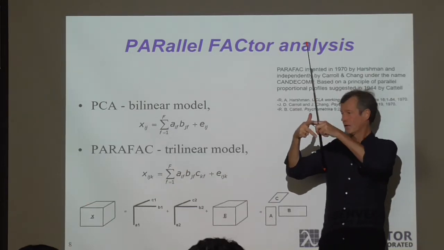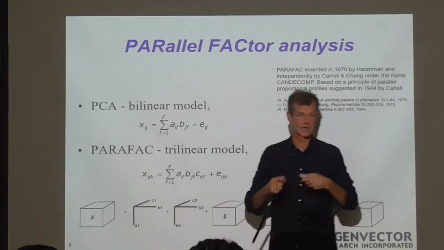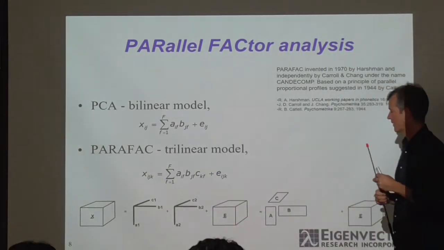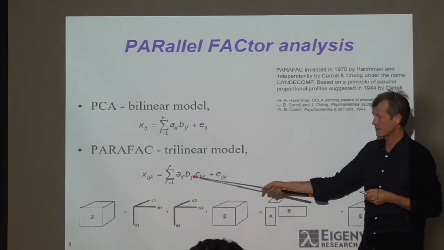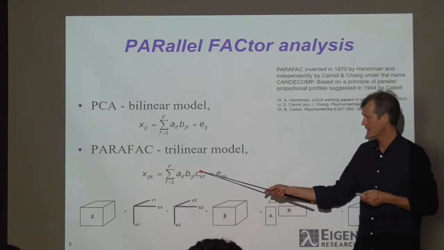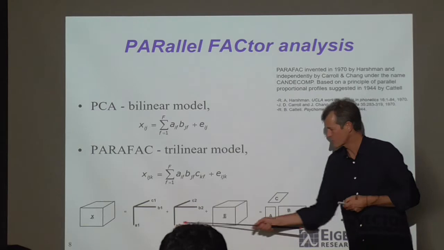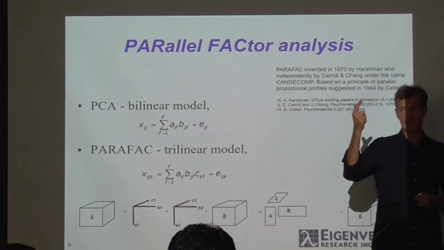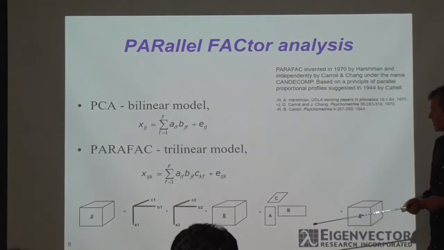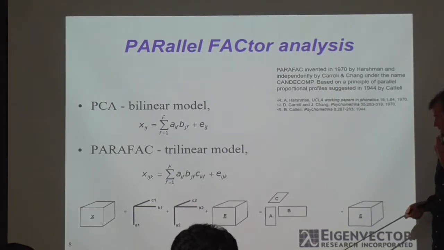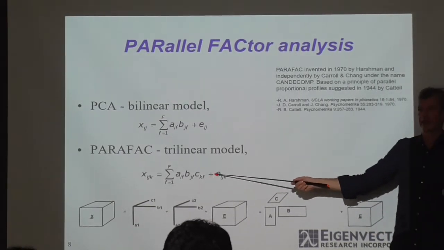Score one, loadings for the variables, for example, and loadings for the other variables or times or whatever. And here you can see that with this stupid scalar notation, it's actually very easy to extend because you just add one more parameter. But the main thing is to see in the graphics that it's kind of simple. This is the only difference between PCA and Parafac. We just add another set of loadings. And you can also see here that it's very easy to do four-way analysis.